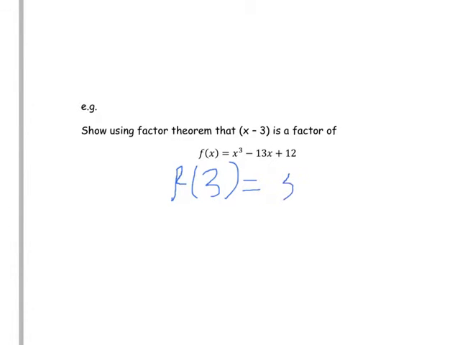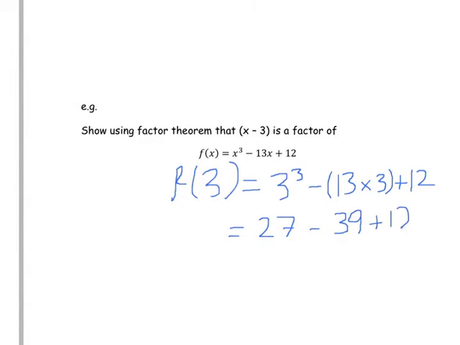So 3 cubed minus 13 times 3 plus 12 will hopefully be equal to 0. That's 27 minus 39 plus 12, which if you do 12 add 27, that's 39, minus the 39 is 0.